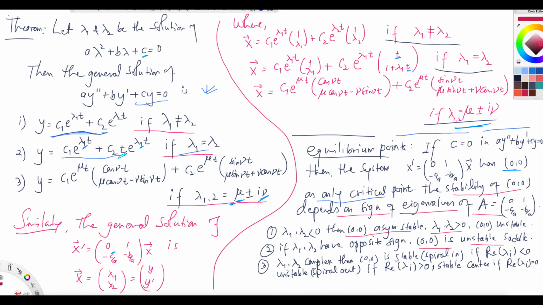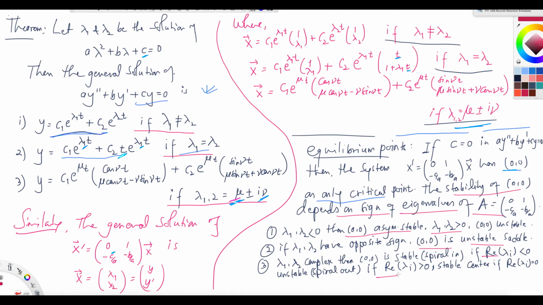And number 3: if λ1 and λ2 are complex, then (0, 0) is a spiral. It's the exact same concept. If the real part μ is negative, then (0, 0) is a spiral in; all the solutions will go to (0, 0). If μ is positive, meaning both λ1 and λ2 have μ as the real part, then it will be unstable.